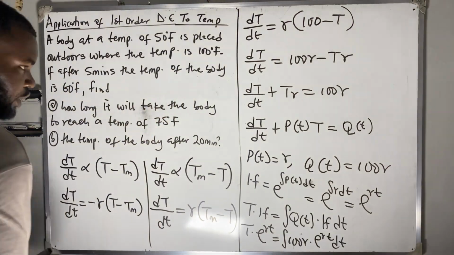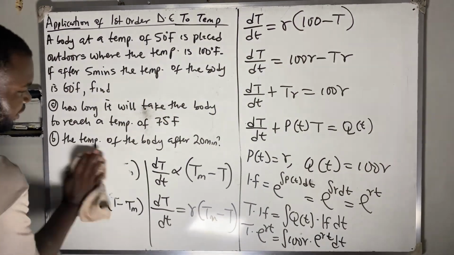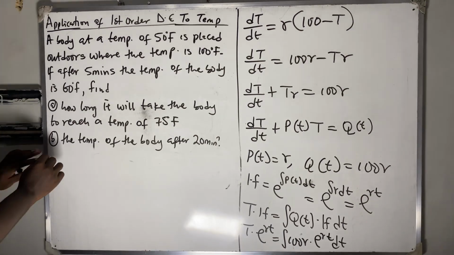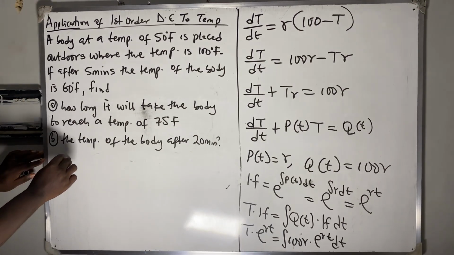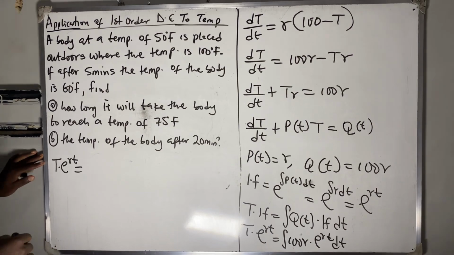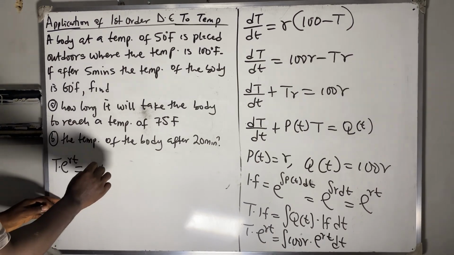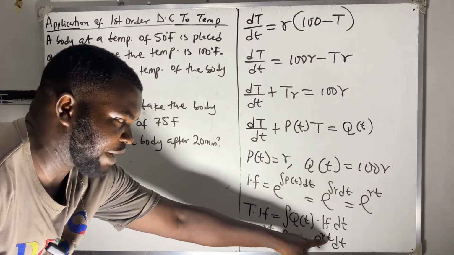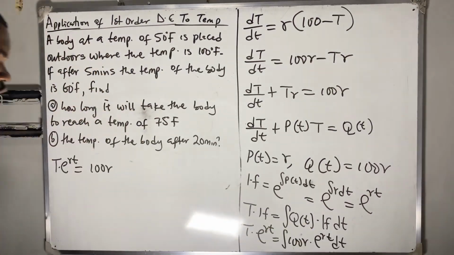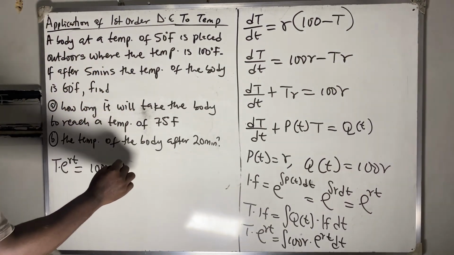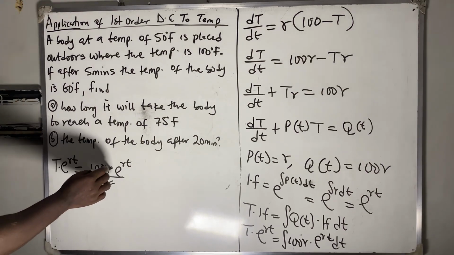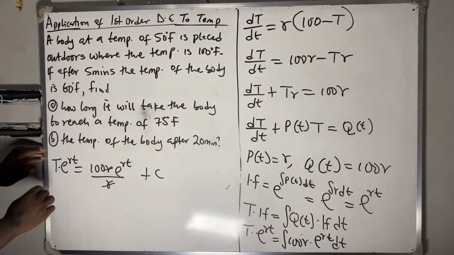If I do that integral, T multiplied by exponential rt is equal to 100r times, integrating e raised to the power rt, which gives e to the rt divided by r. The r cancels.